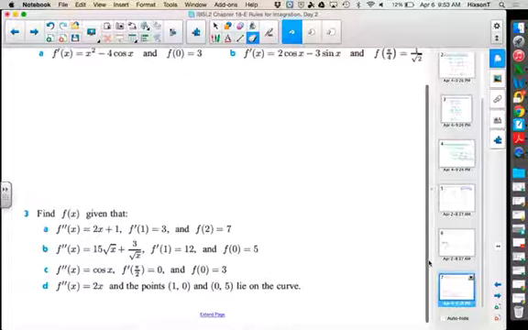On this one, it's going to be important that when you do the first derivative and you put your constant in, you're not going to be able to solve for that. You're just going to have a plus c in there. So when you take the integral again, don't use c a second time. You could use d, or you could use c1 and c2. But you're going to have 2 different variables on number 3d here. So that's why they gave you 2 different points on the curve. Okay?